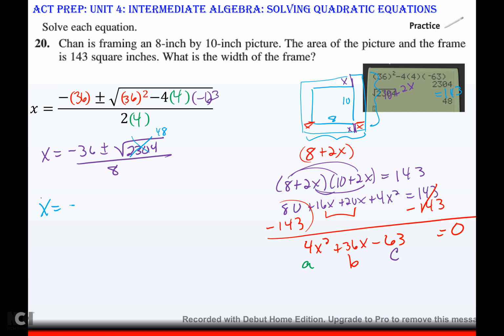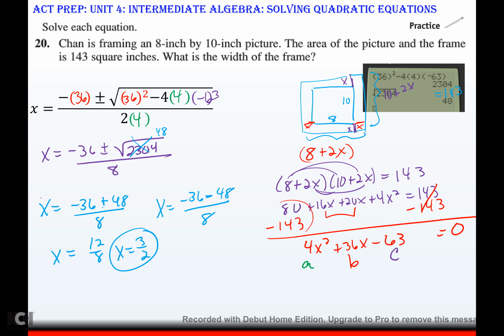So I have x equals negative 36 plus 48 over 8, and x equals negative 36 minus 48 over 8. This one gives me 12 over 8, which reduces down to 3/2, which again, we're talking about a length, so that's 1.5 inches. That makes sense. This one is going to give me a negative 84 over 8, which I don't care what it reduces down to. You're talking about the length of that frame, which can't be negative. So it's got to be 1.5 inches wide.